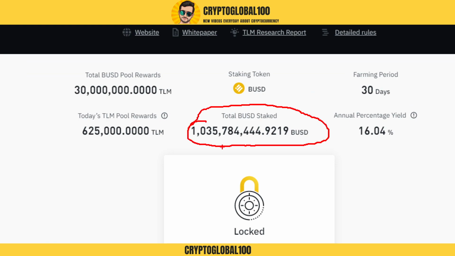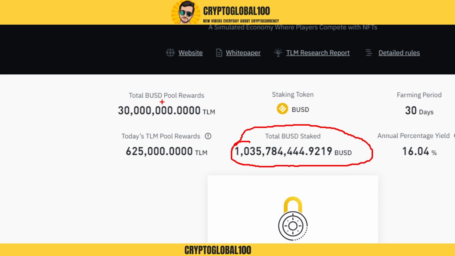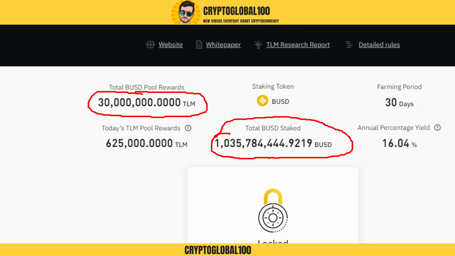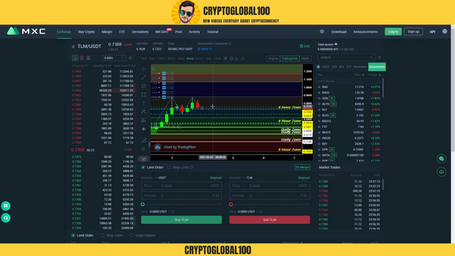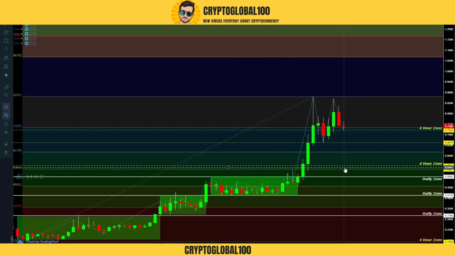So what I expect is that on the day the farming ends, a lot of people are going to be rewarded with TLM, and they are going to sell the TLM tokens. So for that reason, I would suggest you wait for a few days.